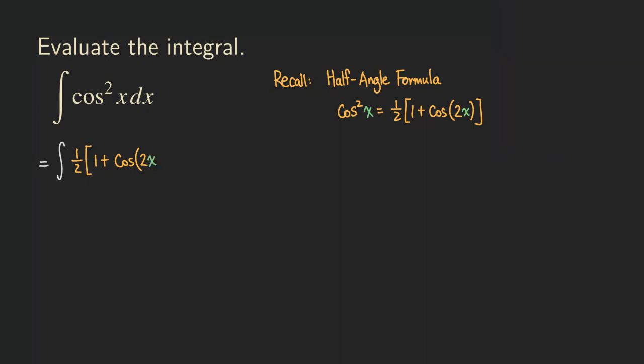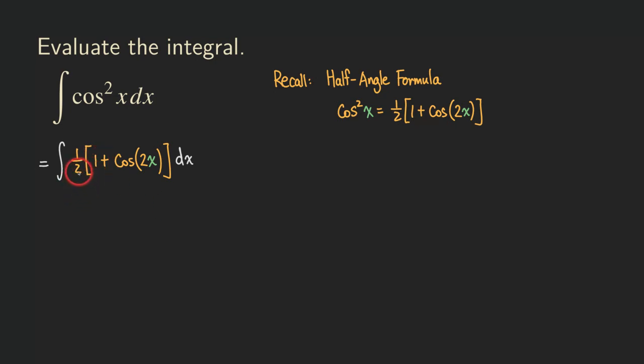I'm just making that substitution right here. As you can see, cosine square x is the same thing, so we can replace cosine square x with the right-hand side.